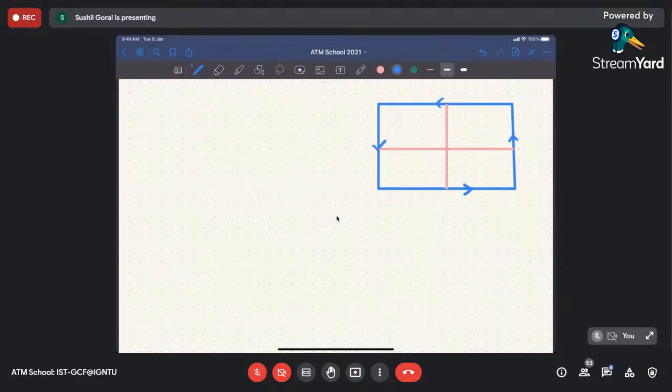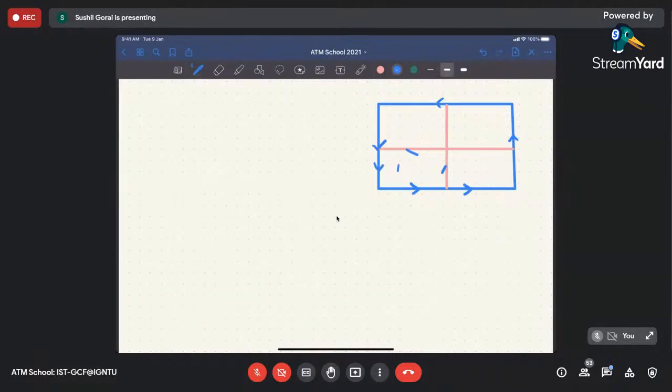While dividing this, you should divide in such a way and take the direction such that this direction, the blue curve, does not change. So here it will go this way, and this way, and this way, and come back here. So that should be the first one.